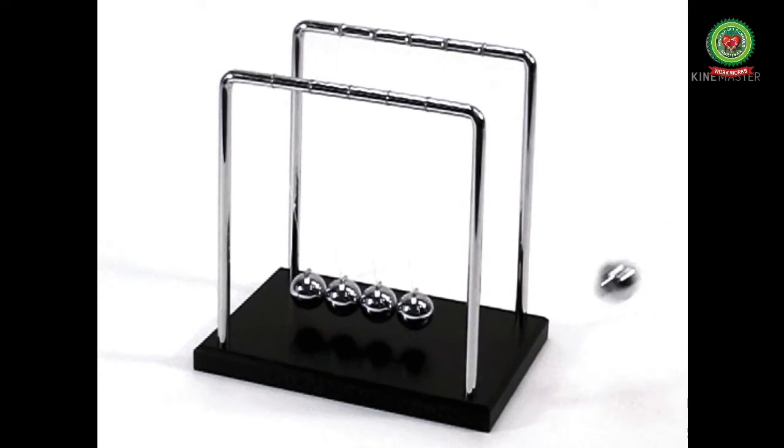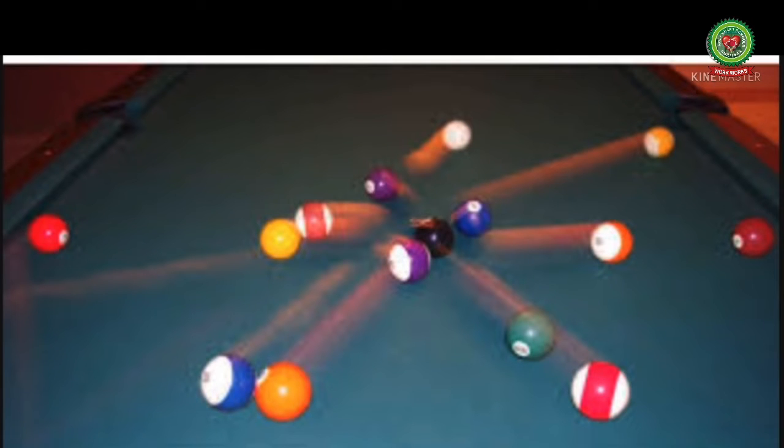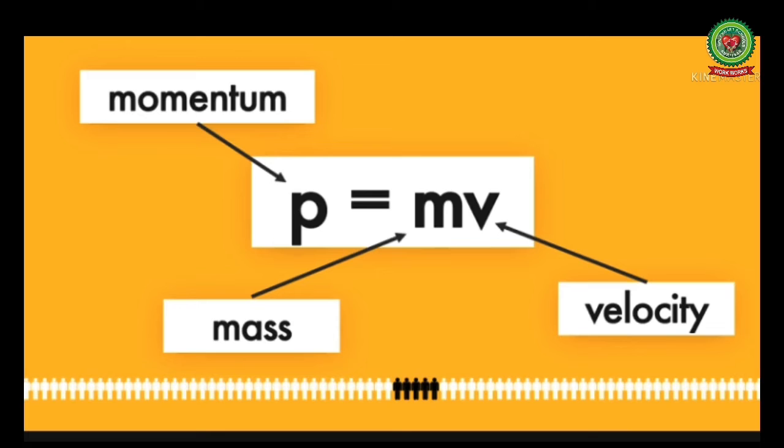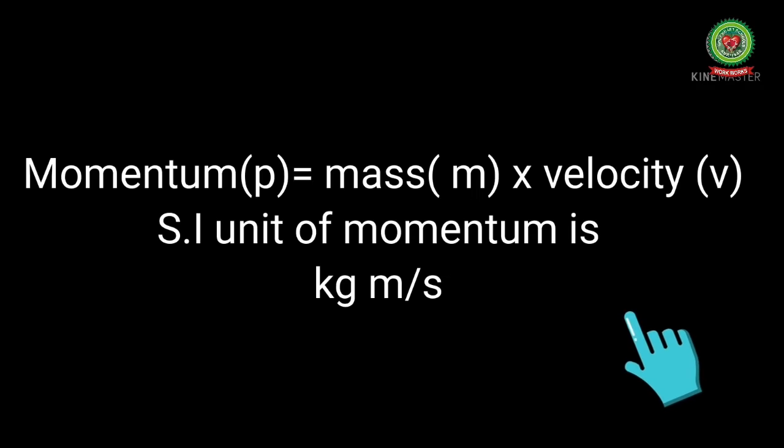What is momentum? The quantity of motion possessed by a body is called momentum. It is measured by the product of mass and velocity. Since velocity is a vector quantity, we can say momentum is also a vector quantity.